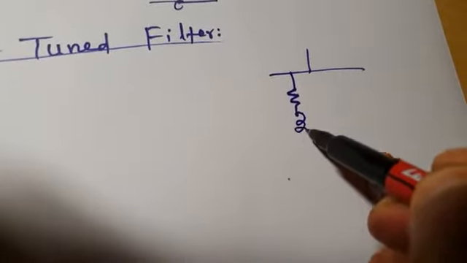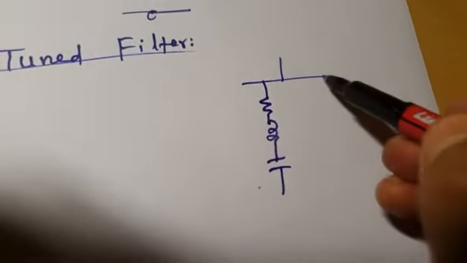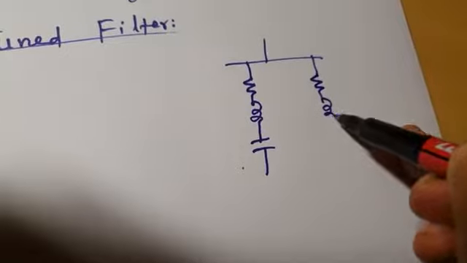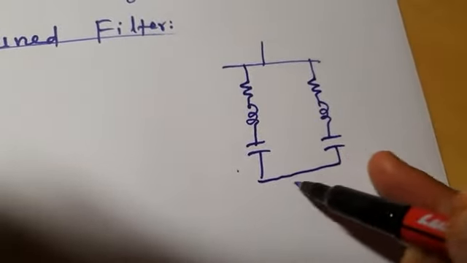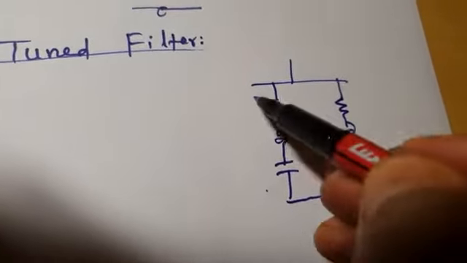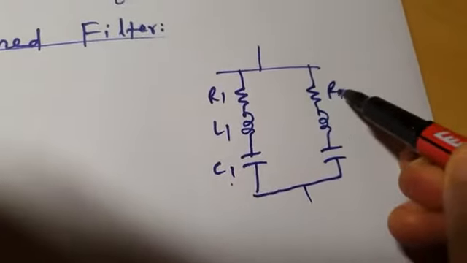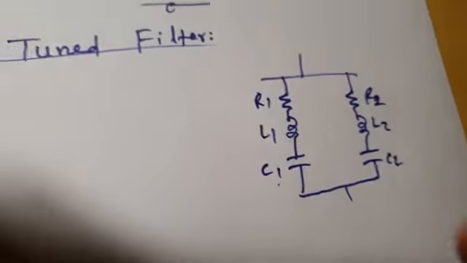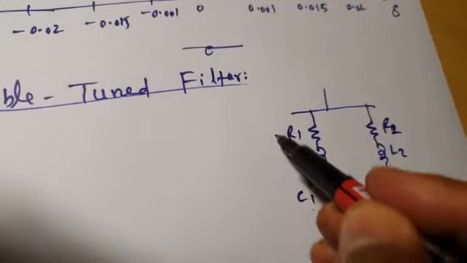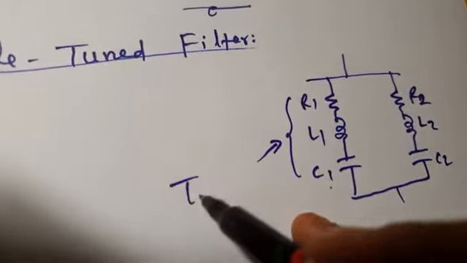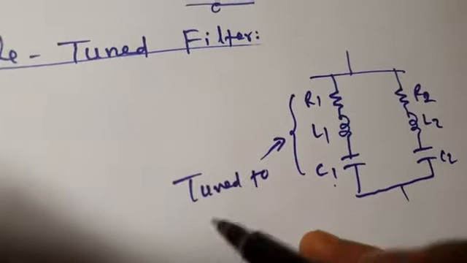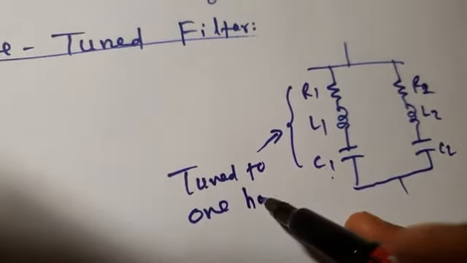So it looks like this. This is R, L, C. This is another R, L, C. So this is your double tuned filter. The R1, L1, C1, and R2, L2, C2. This is tuned to one harmonic frequency.